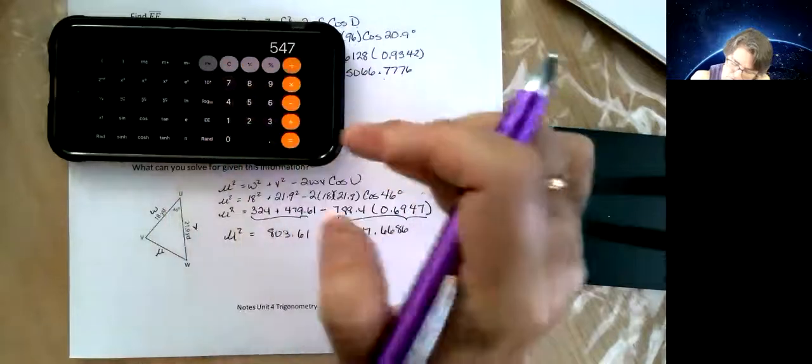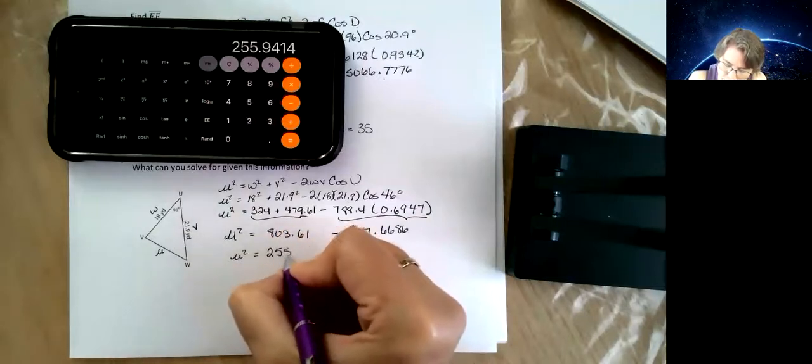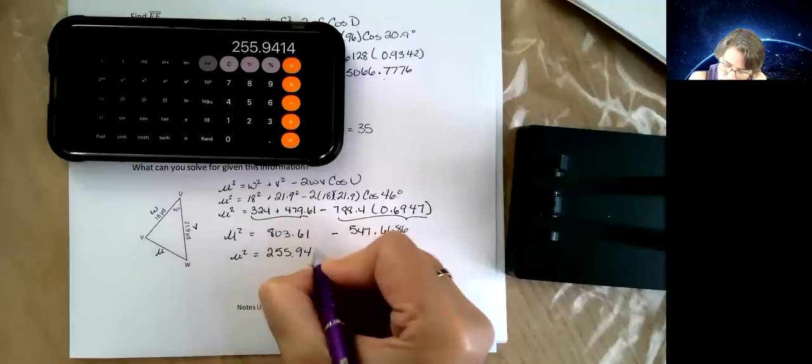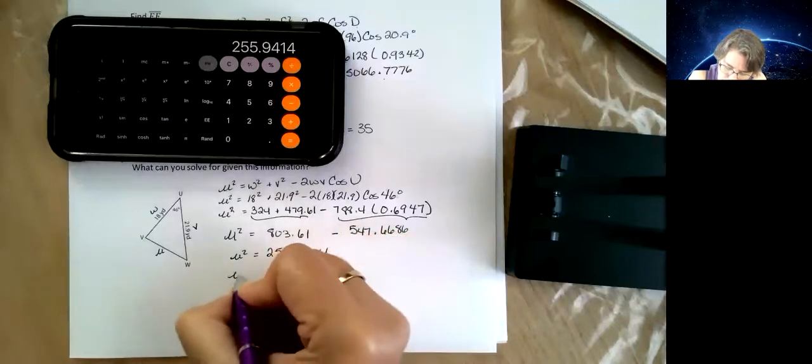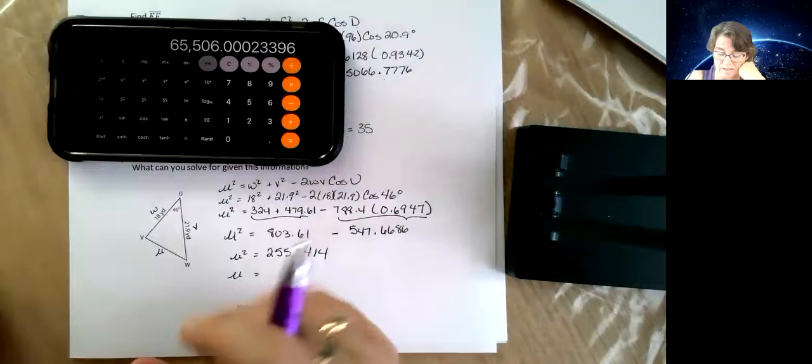u squared equals, so I'm going to subtract 547.6686, 5.9414, and square root that. Dang it. Well, that's obviously not the right answer. I think I squared it instead of square rooting it.